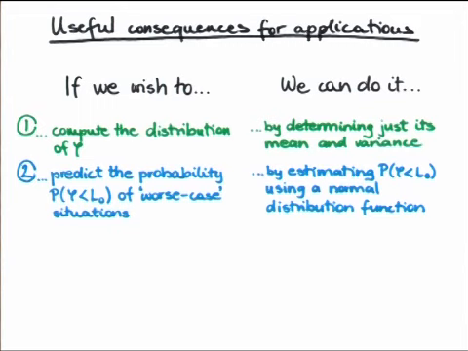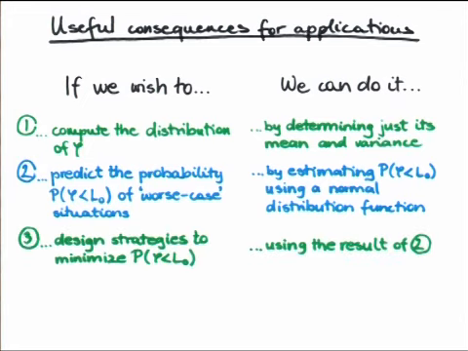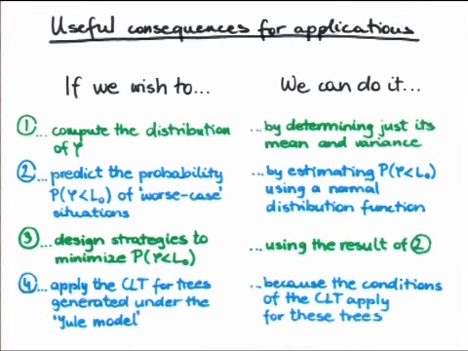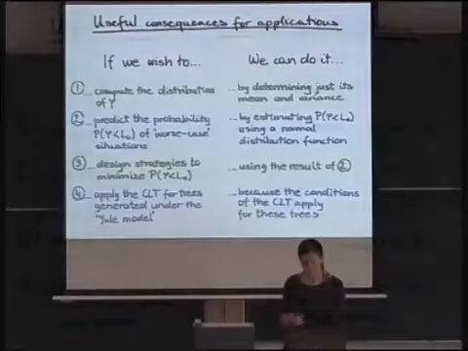We can do it by estimating this probability using a normal distribution. And if we know these probabilities, then we can design strategies to minimize them. Also, if we want to apply the result to Yule trees, we can do that because the conditions apply for these trees.